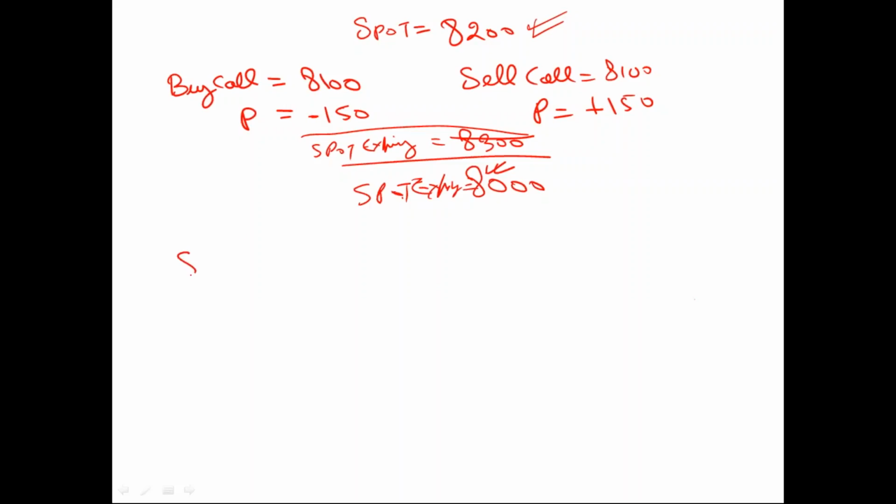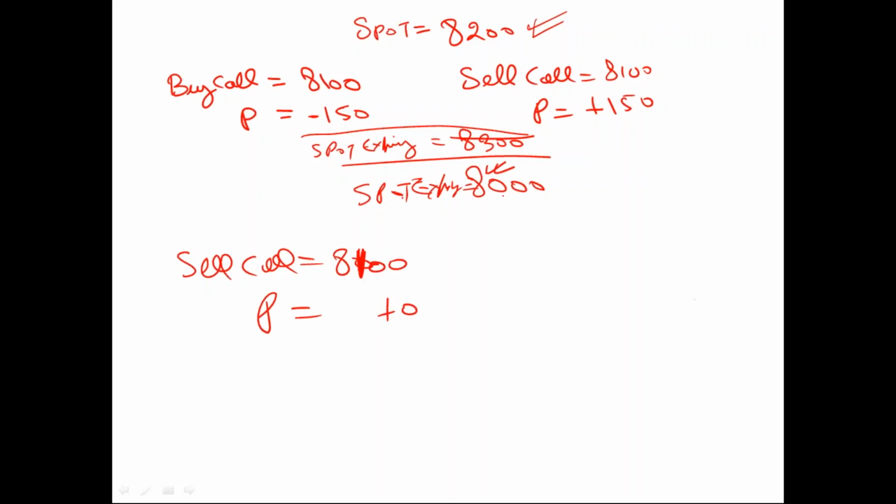So the buyer has to sell and close. The market went to 8,000. Sorry, you have to sell the same contract, 8,100. When you sell, you receive the premium. What should the premium be? The time value will be 0, and intrinsic value cannot be negative.